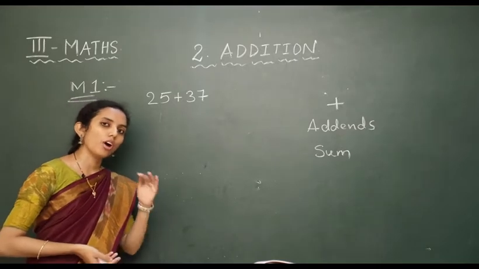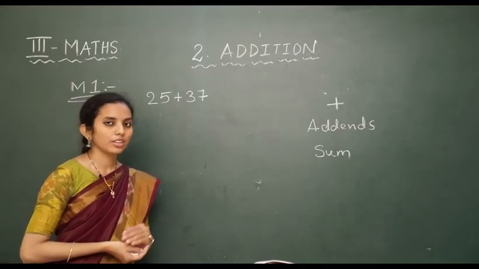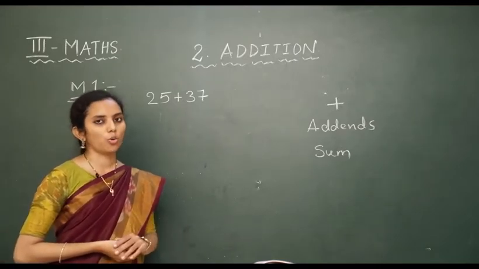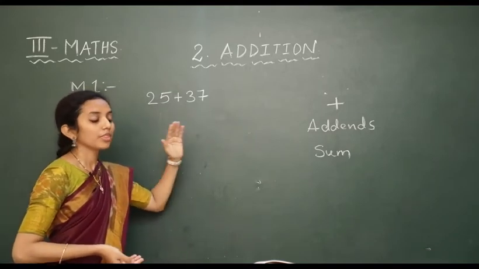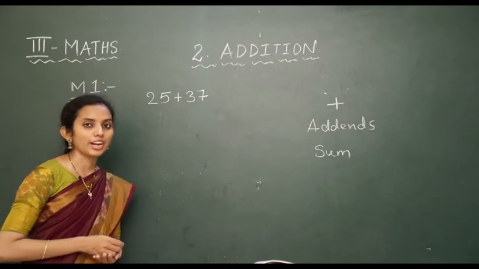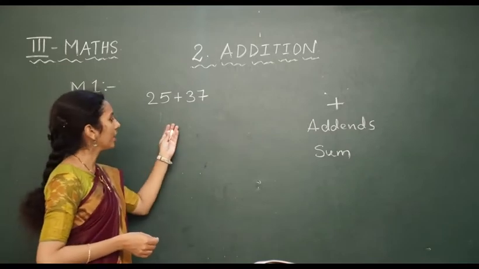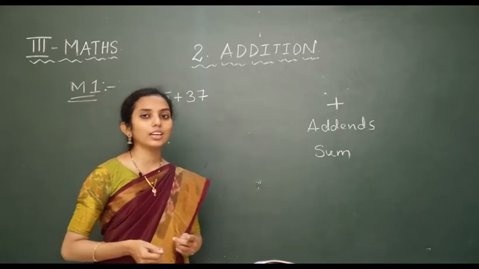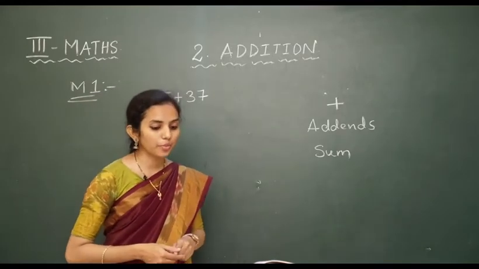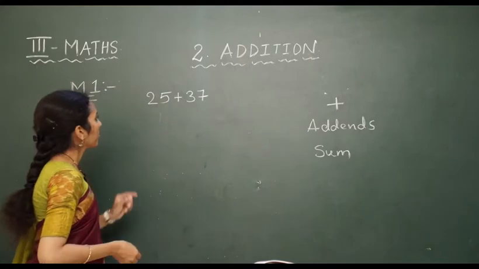You already know how to perform addition. That also we have learned in our lower classes. The first method of doing addition is breaking one number. Which number? The second number.